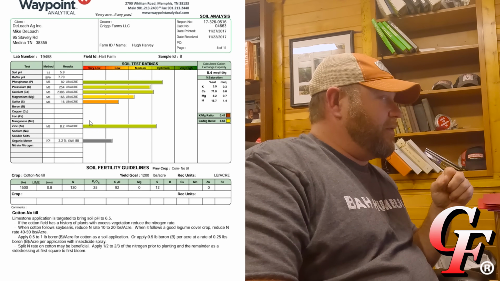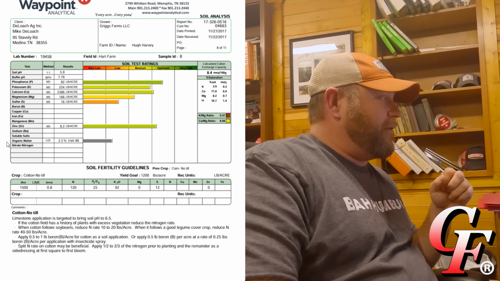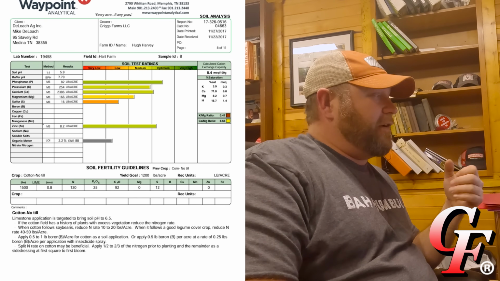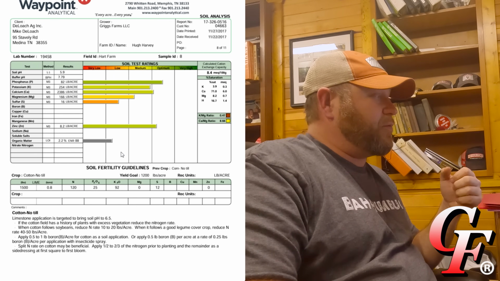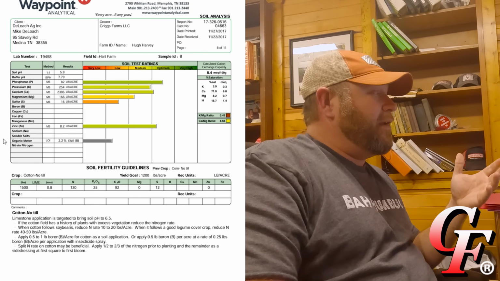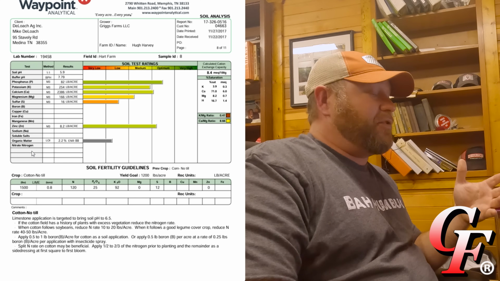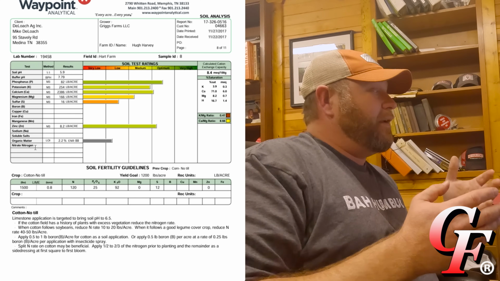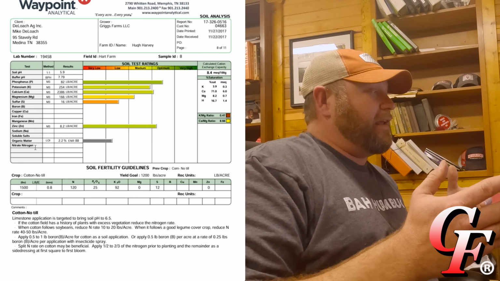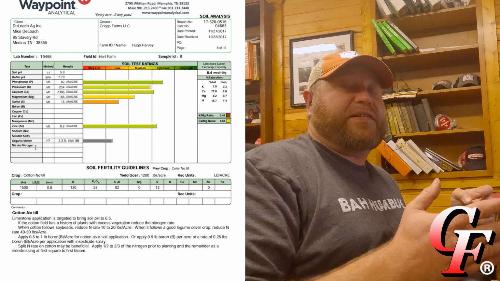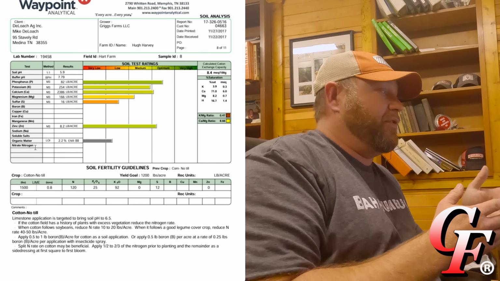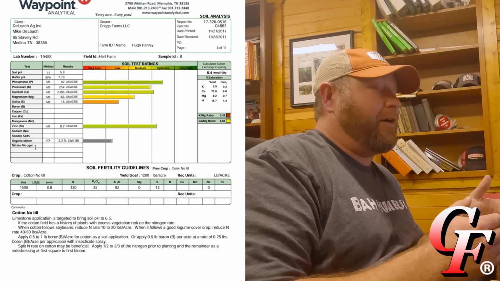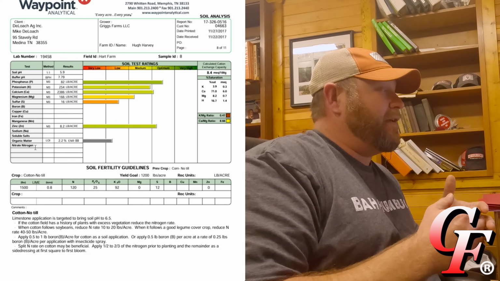Now, looking down a little bit farther, looking here at the organic matter, to me that's a very critical part of the soil test, because we're trying to build organic matter in our soil, because higher levels of organic matter only do good things when you're trying to grow stuff. The higher your organic matter level is, the more nutrients that your soil can actually supply to the growing crop, because organic matter is high in nutrients.